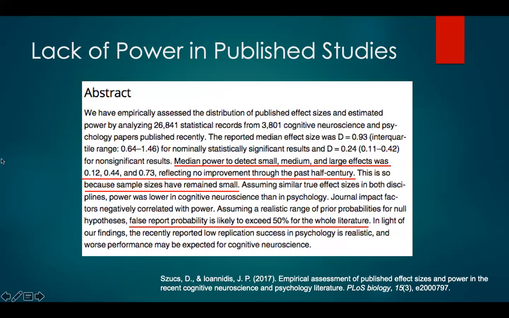So a paper was done by a researcher named Ioannidis in 2017 that found that median power to detect small, medium, and large effects was 0.12, 0.44, and 0.73 across different fields, reflecting no improvement on power across the last half century. And this is because sample sizes were too small in the published literature.